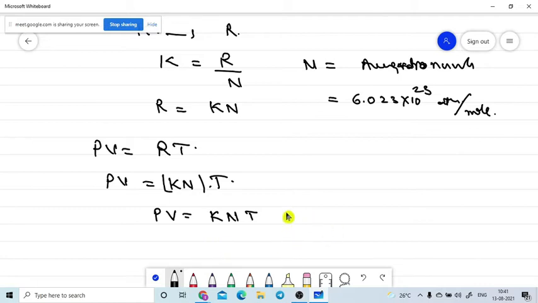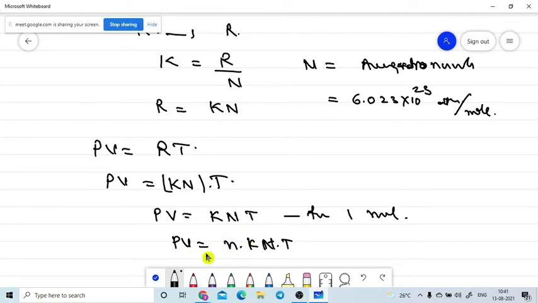Yeah, this is only for 1 mole. If you take n moles, PV is equal to small n into K into N into T. This is the formula for n moles of gas, ideal gas equation.